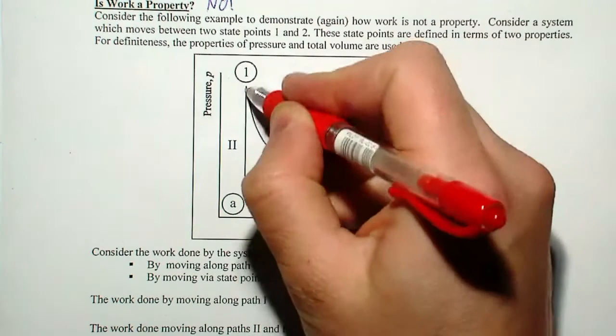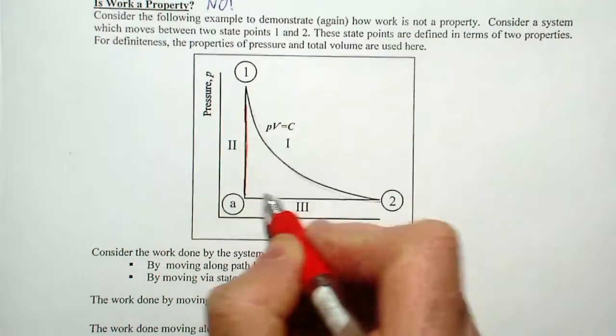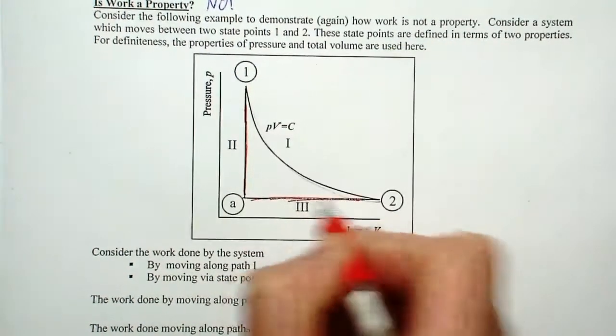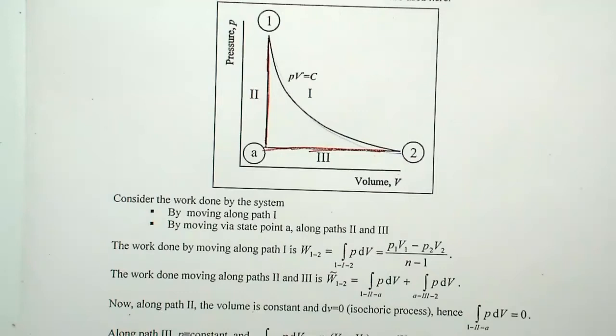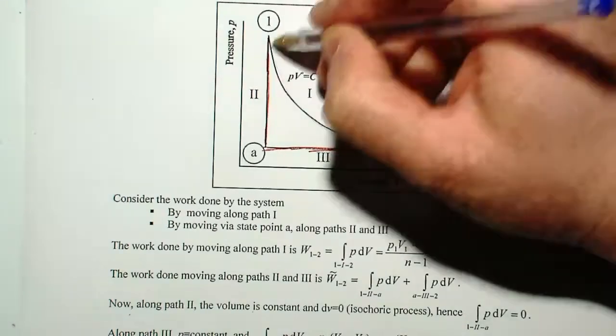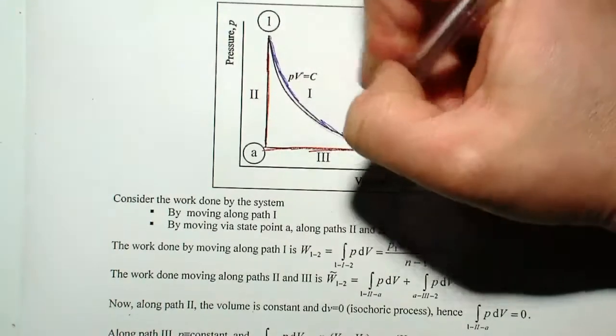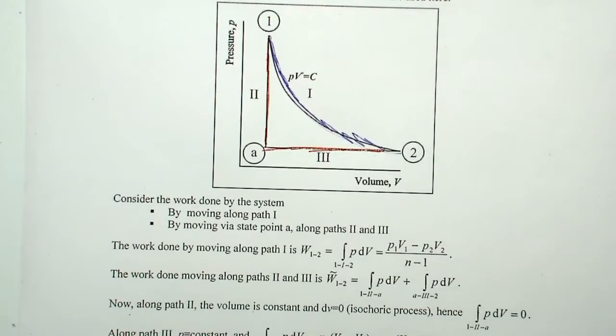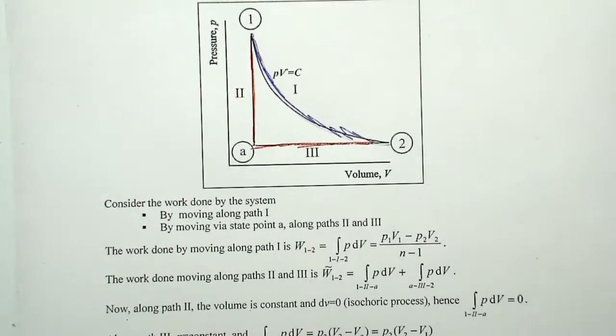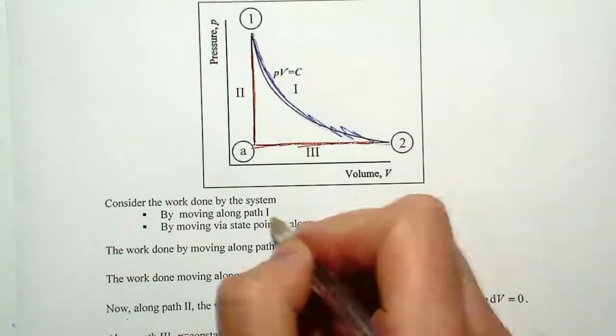Let's just make this, for example, red. So this is one route. And let's make this one blue. I'm going to call the blue route, which is the polytropic process, W12.